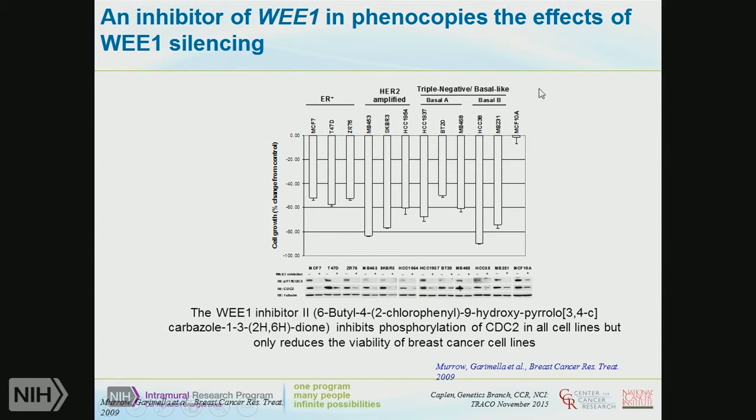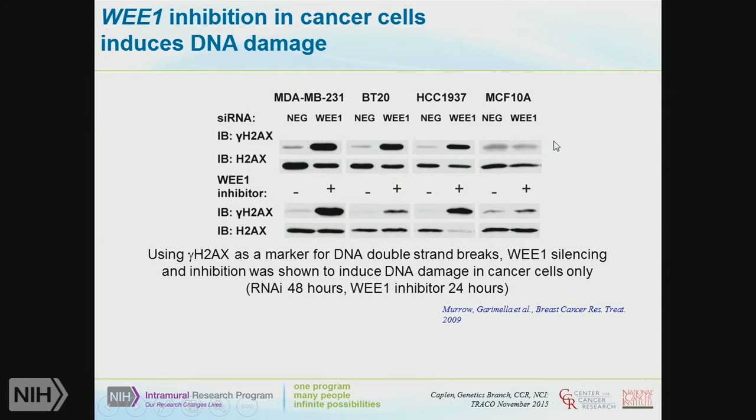And still we saw no effect on the growth of these MCF10A control cells. We were able to show that WEE1 inhibition is actually causing the induction of DNA damage, potentially in just the breast cancer cell lines, and then we saw no induction in these MCF10As, giving us the basis for why we were seeing sensitivity in these cell lines, but not in these cell lines.